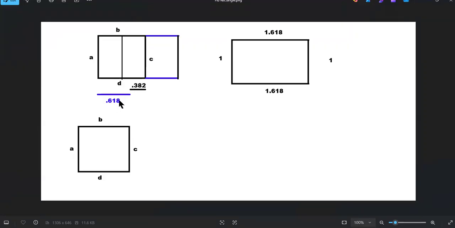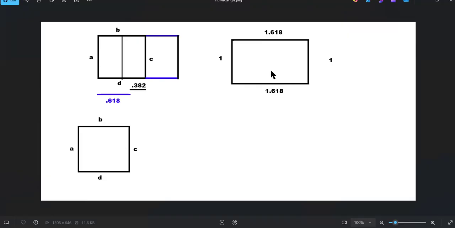You take this 0.618 and add it to this side here, and then the square becomes a rectangle, where this side stays 1, as it was before. But now the base and the upper side become 1 point, we added 0.618 more, right? So it becomes 1.618, and the shape turns from a square to a rectangle.